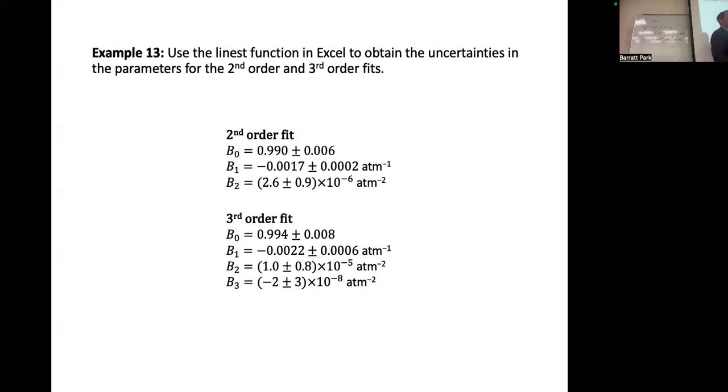So what that tells you is that B3 is so small that you would need a lot more data in order to really be able to measure that. So with the data set that we had with only these 6 data points, we can't really say that B3 is statistically different than 0. So in other words, we should set it to 0 and not include the B3 term. We should only go up to second order.